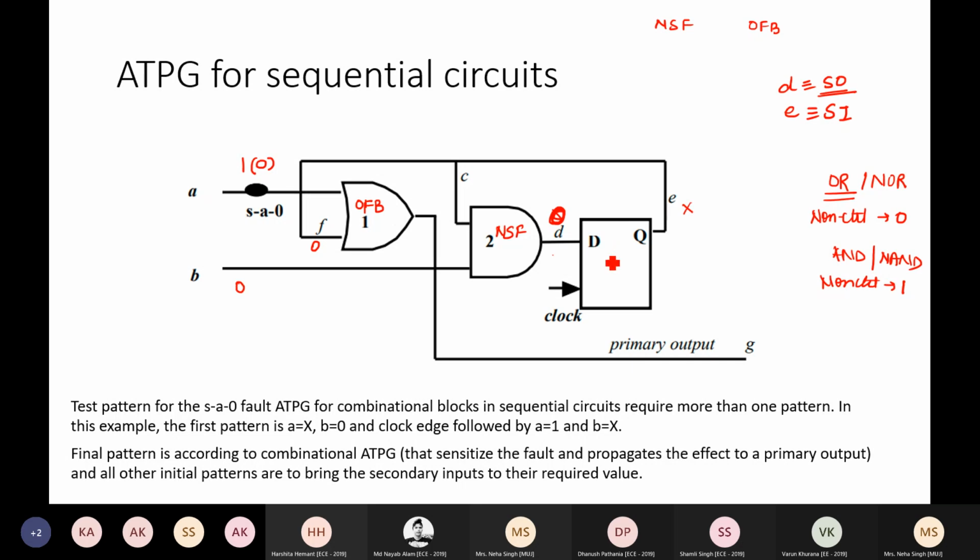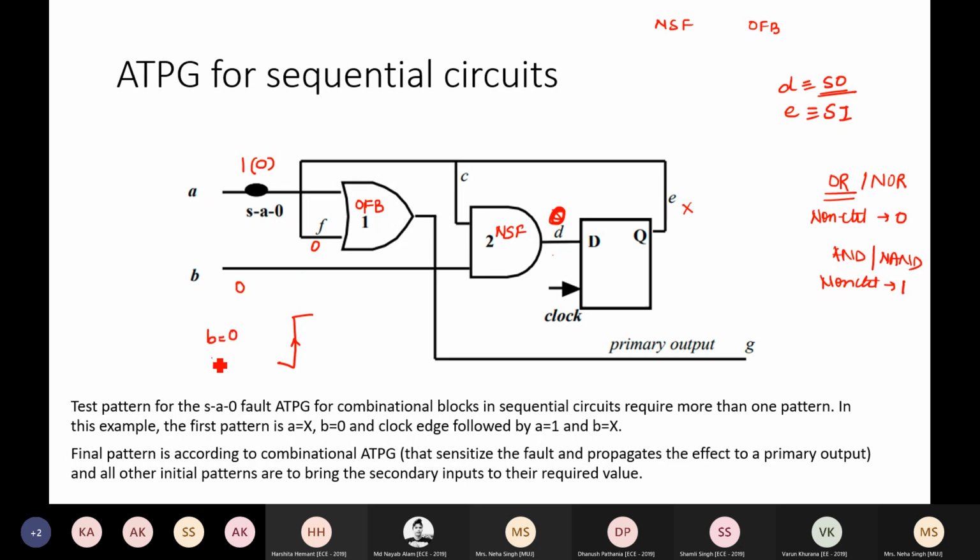So what I did is, before this clock comes, I should assign B equal to 0. If I assign B equal to 0, I am ensuring that D is equal to 0. E is still X, but irrespective of this E, I have controlled the value of D indirectly. I put B equal to 0.